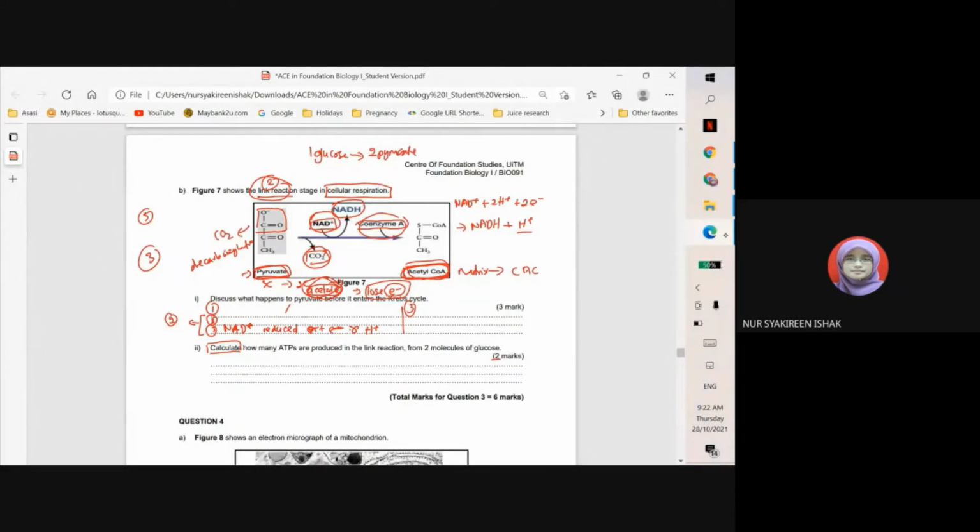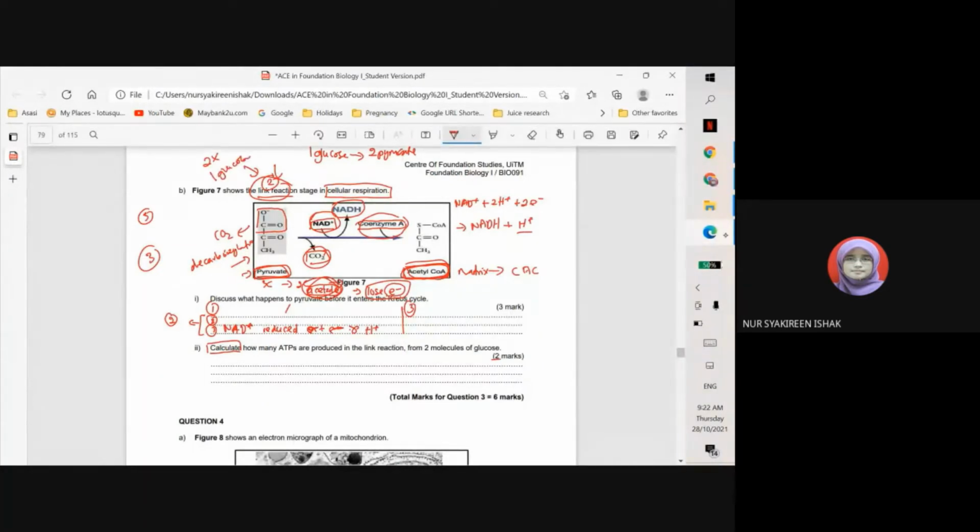One pyruvate will enter the link reaction one at a time. So maksudnya link reaction ni kena berlaku 2 kali. Link reaction has to occur twice for the oxidation of 1 glucose.